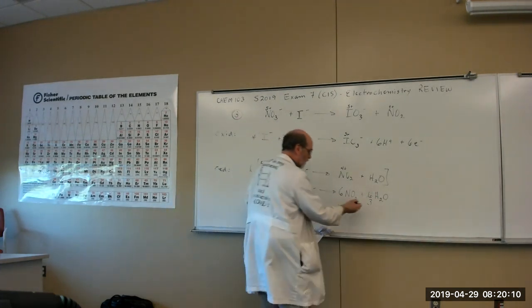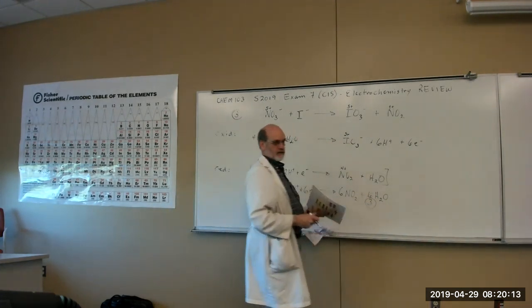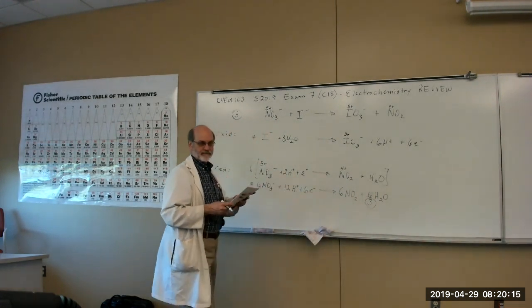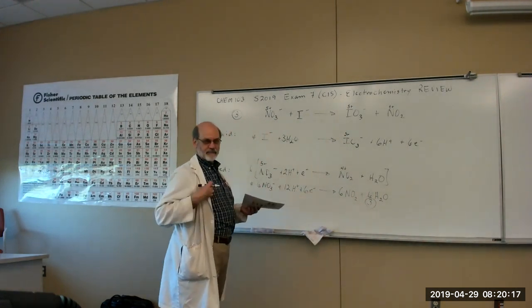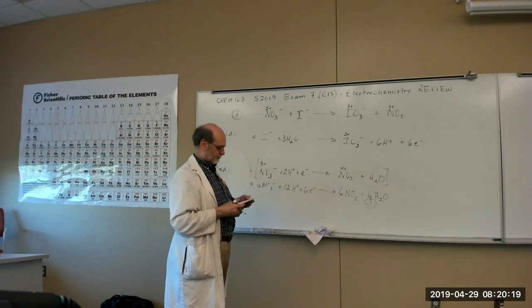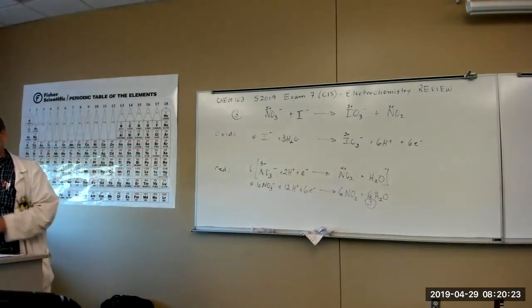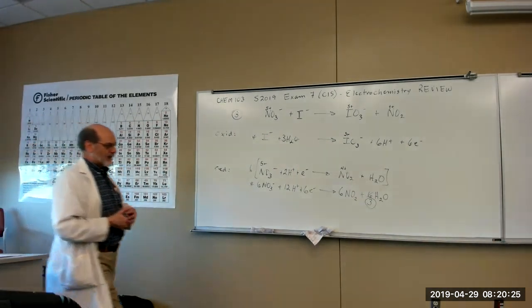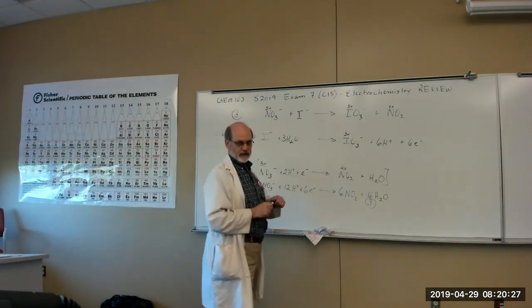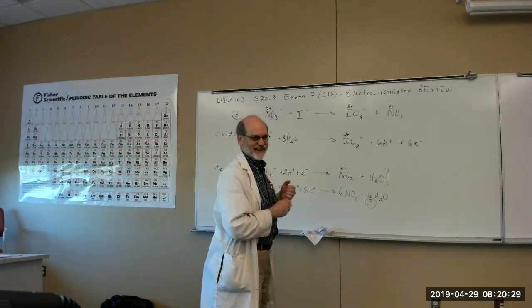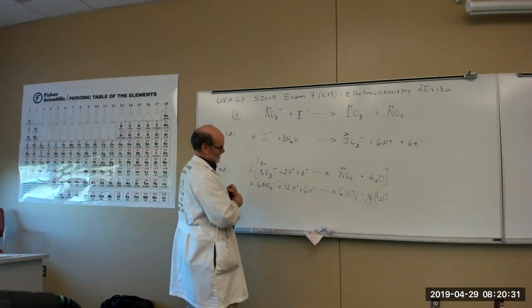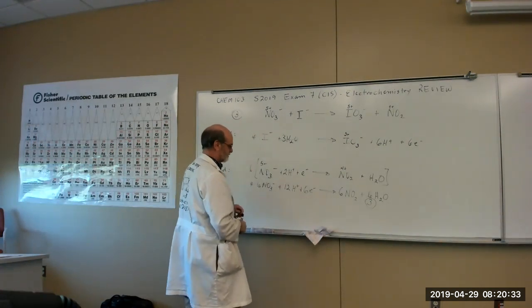So the answer to the question is 3 waters, which is C. In the middle of an exam, of course, you don't want to spend a lot of time doing unnecessary work, right? So we just deal with the question.